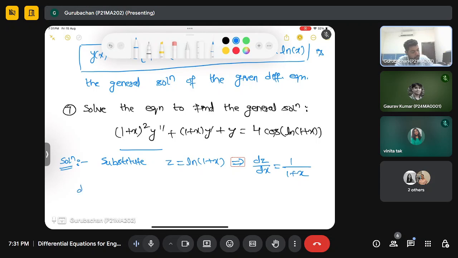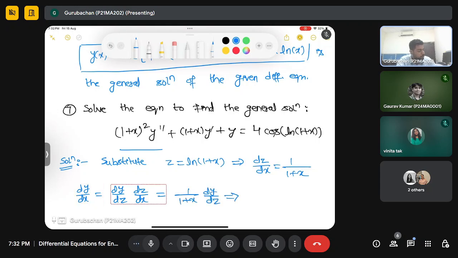In the same manner, dy by dx will be dy by dz into dz by dx by chain rule, and it will give you 1 by 1 plus x dy by dz. That means 1 plus x times dy by dx will give you dy by dz.